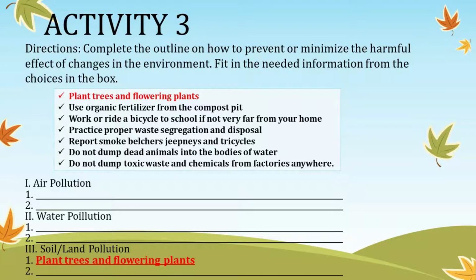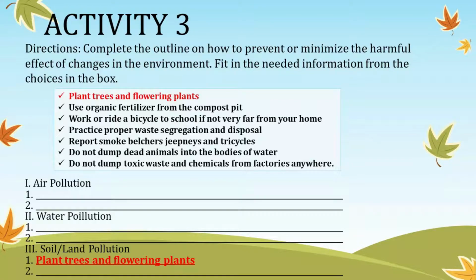Do not dump dead animals into the bodies of water. Do not dump toxic waste and chemicals from factories anywhere. So, ito pong mga choices na to ay ilalagay niyo po sila kung paano natin mababawasan yung harmful effect sa ating environment. Halimbawa po, kung paano natin mababawasan yung air pollution, yung water pollution, at yung land pollution.